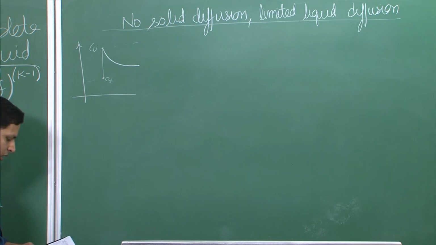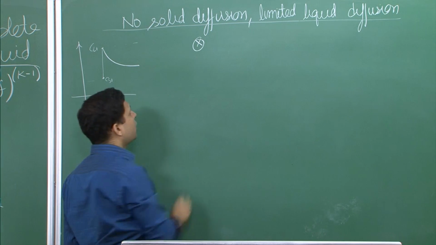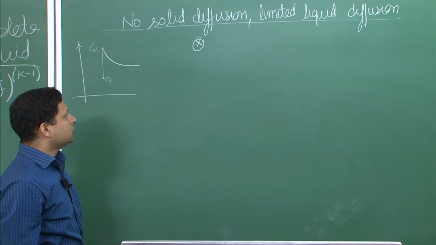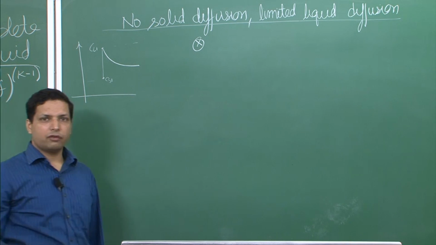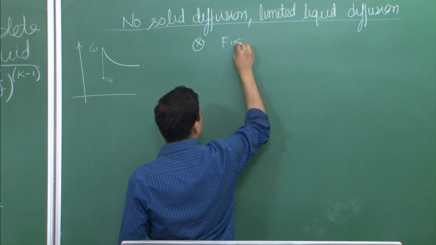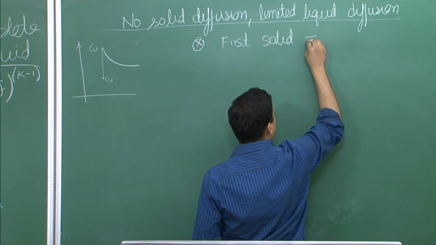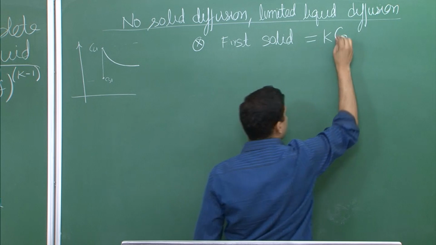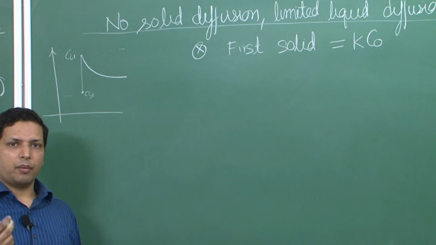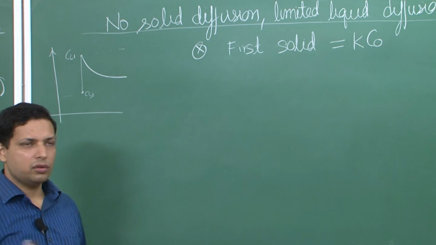Let us look at some other condition that is implied when we talk about no solid diffusion and limited liquid diffusion. Now, here again the first solid that forms has a concentration equal to K C naught, just like others, because the first solid will form when the temperature reaches liquidus, and at that particular point the concentration is equal to K C naught.